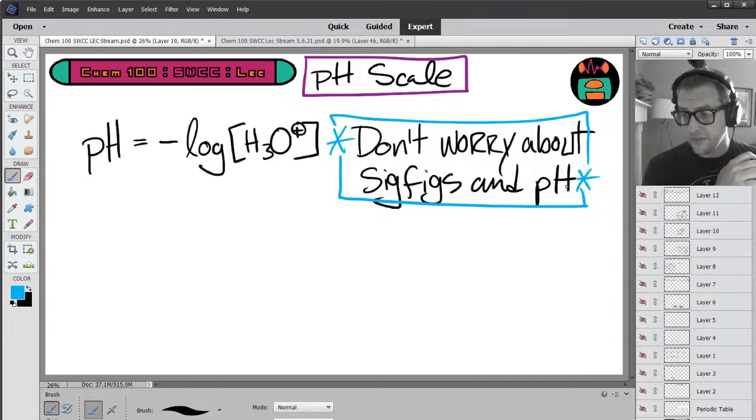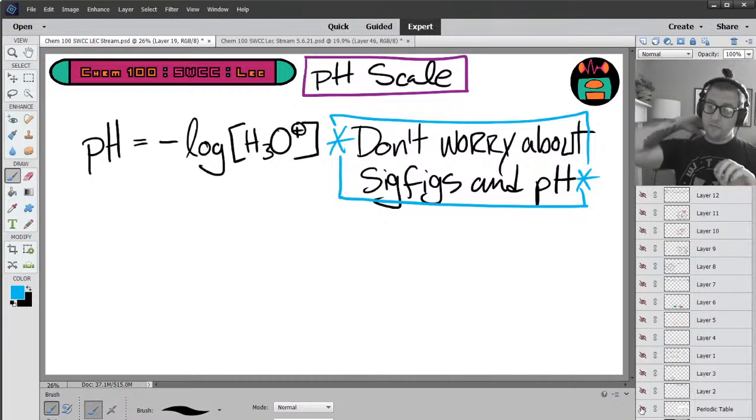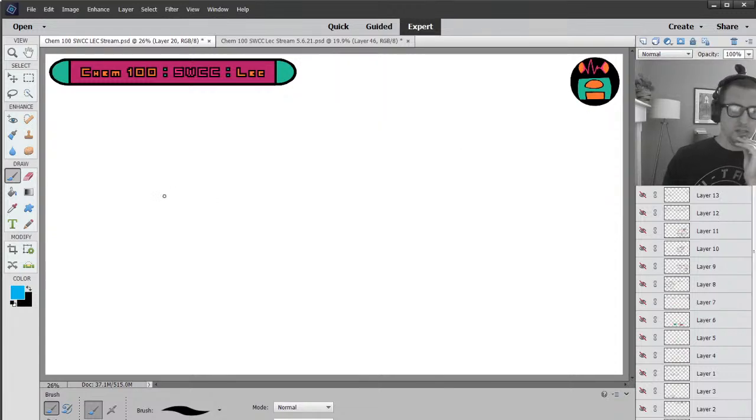You don't have to worry about sig figs when it comes to pH. You will have to calculate them. You will have to use this equation. But you won't have to apply the rules for sig figs.